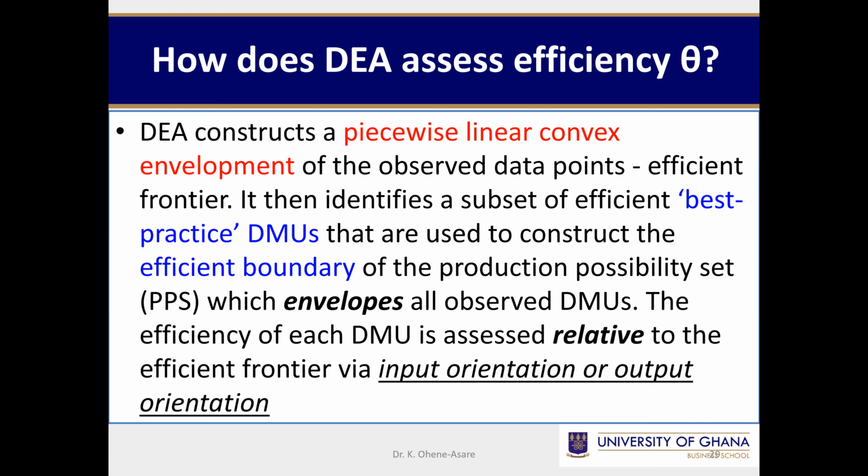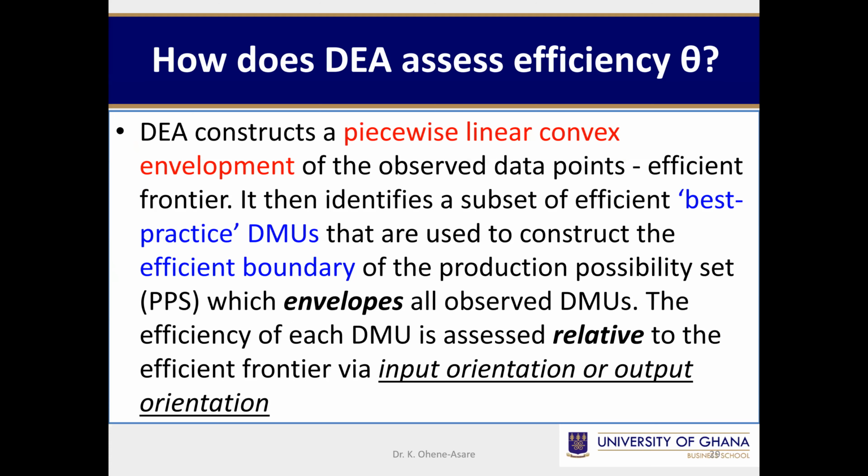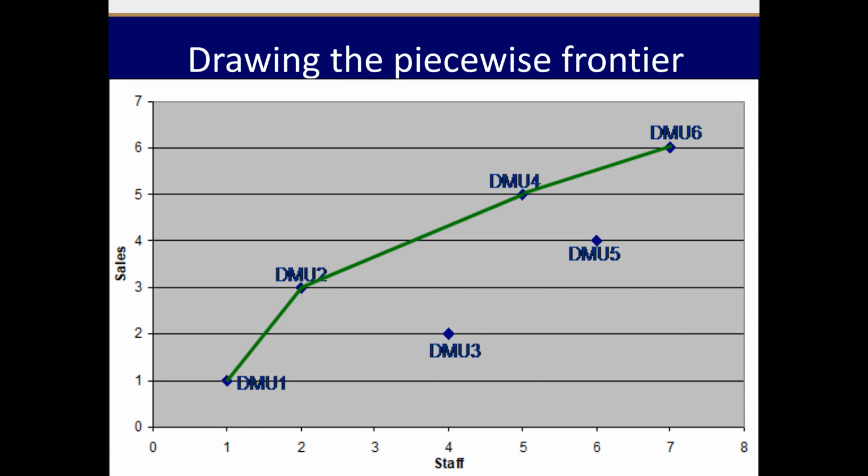No. It's an envelopment because, as you can see, if you pick the green, it's like you are now covering the others, like an envelope covers a paper. And it is convex. It's convex because you can see that it is kind of bowed in. It's bowed in. It's not bowed out. It's like they are bending their head down, sort of. The line is bending its head.